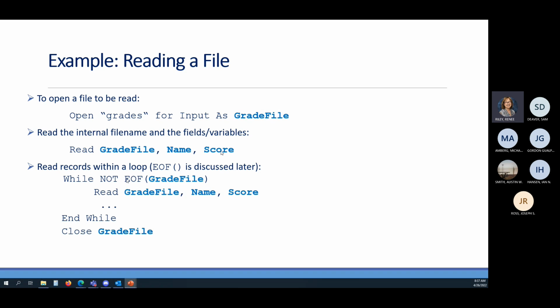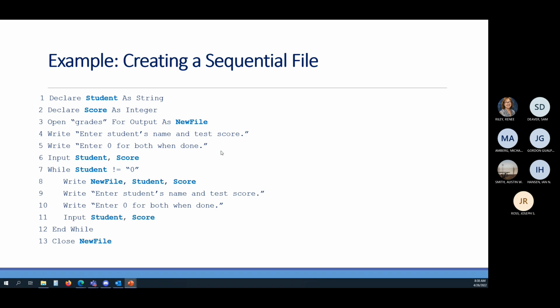And then if we're not at the end of the file, we'll read another one and process it. So we'll just keep looping through all of those records. Take a look at this pseudocode. It should look familiar.